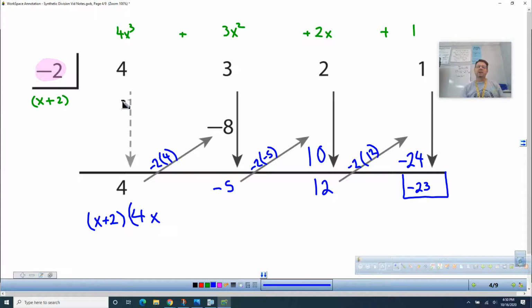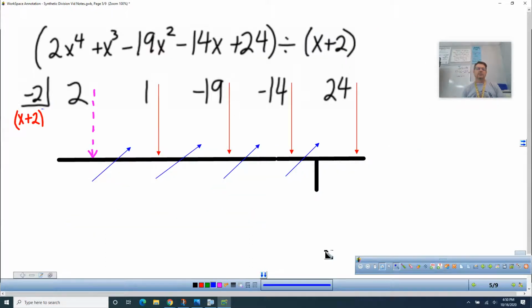No, we divided it, so it can't be third anymore. It's going to go down. It's going to be a square. Okay, minus 5x plus 12, and then minus 23, and then we could put that other guy up there. So that's one way we could express that. Well, it's just bring down, multiply, add, multiply, add, multiply, add.